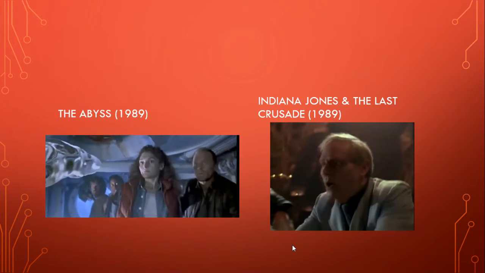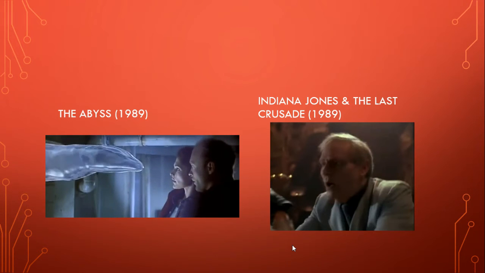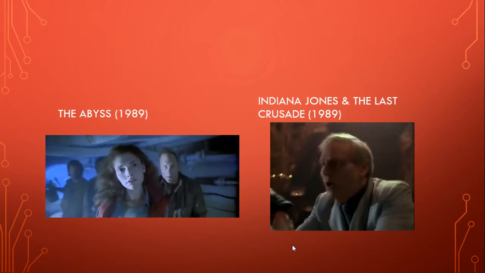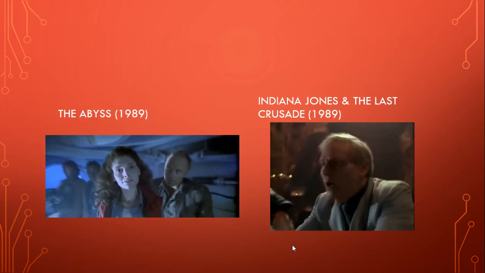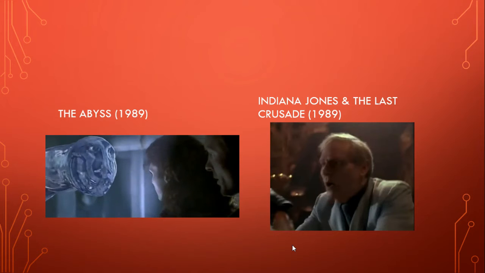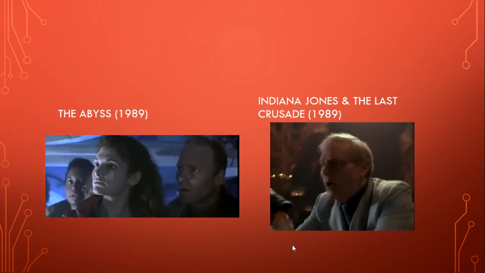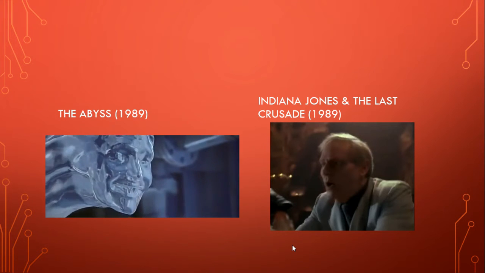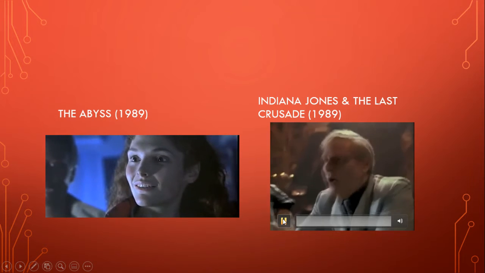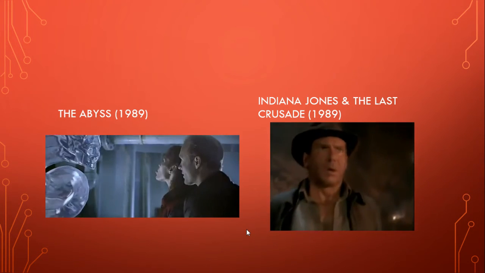And this stuff, especially in The Abyss, is pretty remarkable even for now, where you have the water effect here that then morphs into the shape of something else. So this is animation that transforms. It's pretty wild. And in The Last Crusade, it's a face melting thing, or the growth.